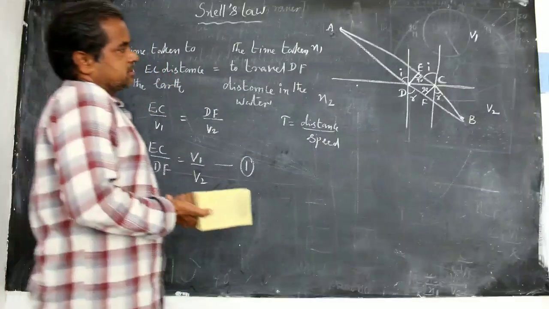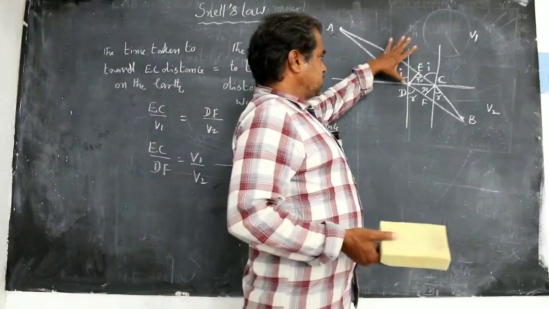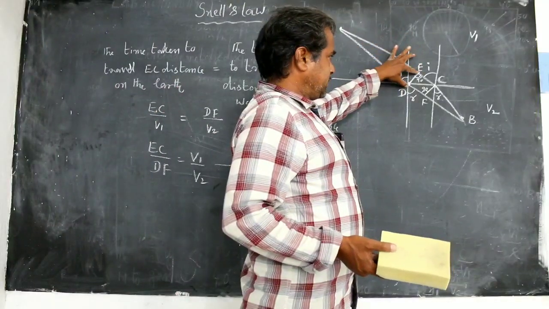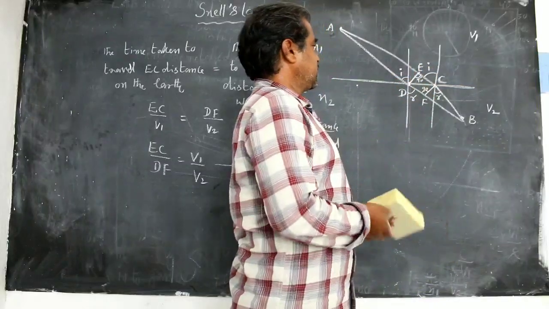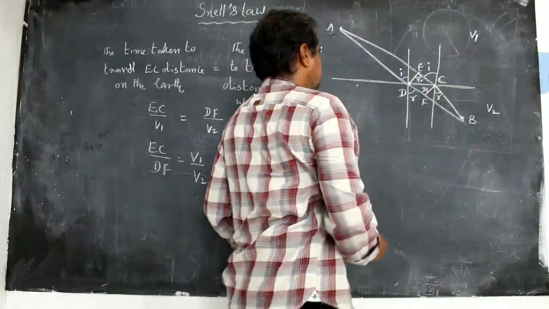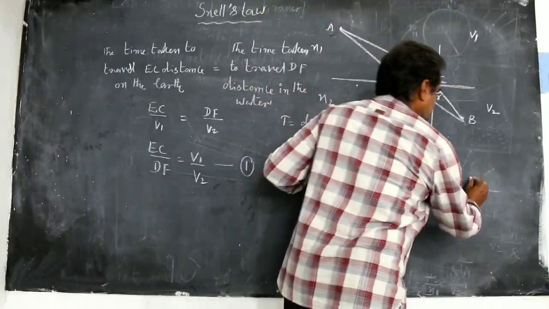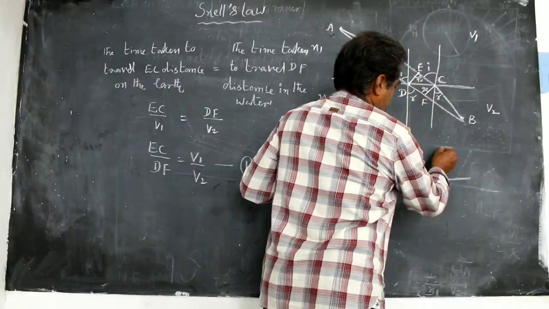Again, observe this diagram. We draw two normals from point D, DE and CF. Here two triangles are formed. Let us draw those triangles separately.